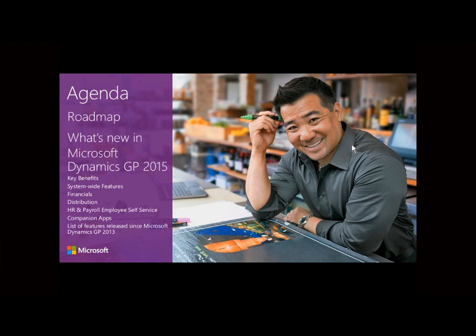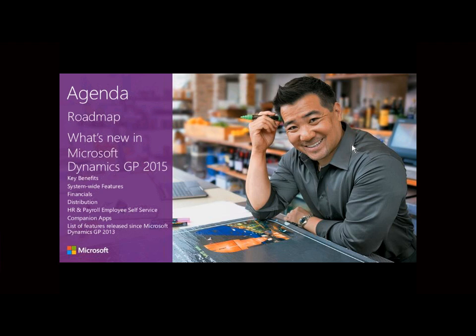In my opinion, GP 2013 R2 was actually the new release. Marketing doesn't work that way. They're not going to let them rename it because of the timing. But there are a number of things in there, workflow, identity management for the web client, some of those other things that are really indicative of a new release.